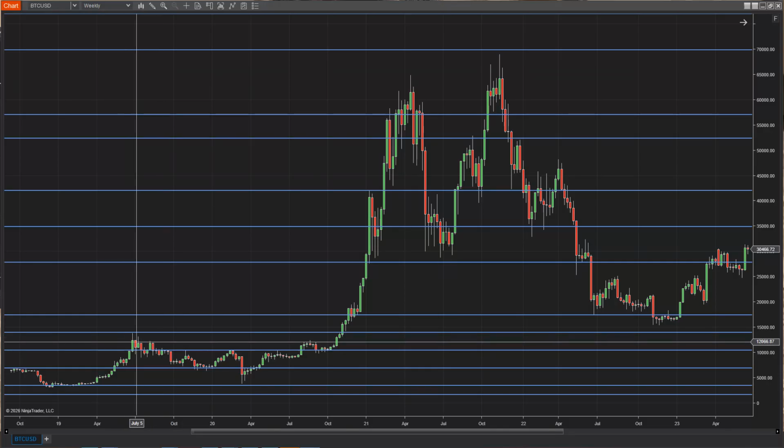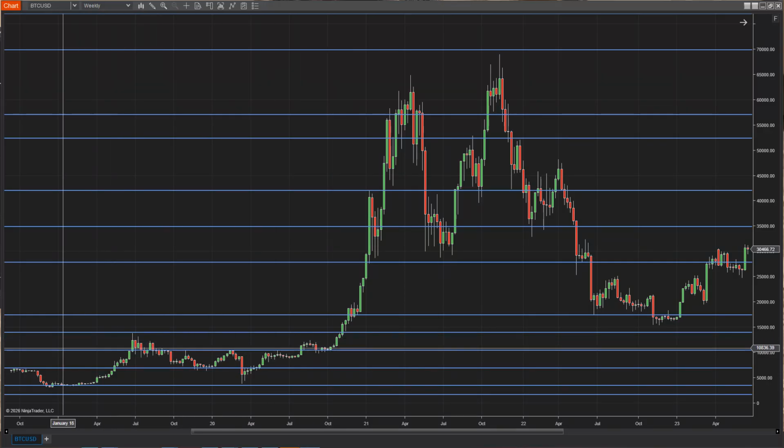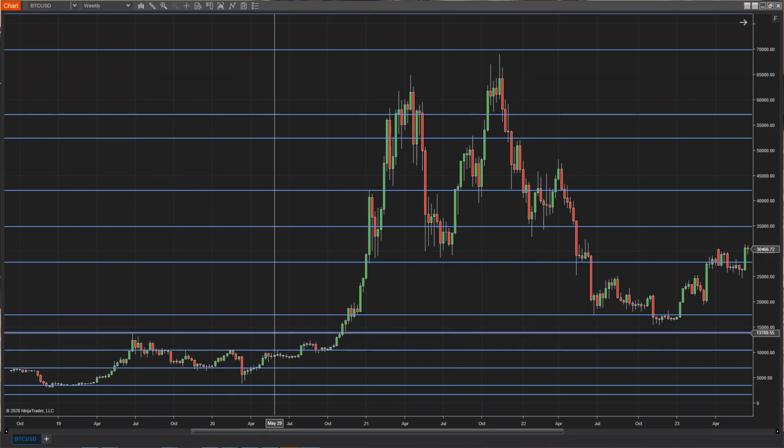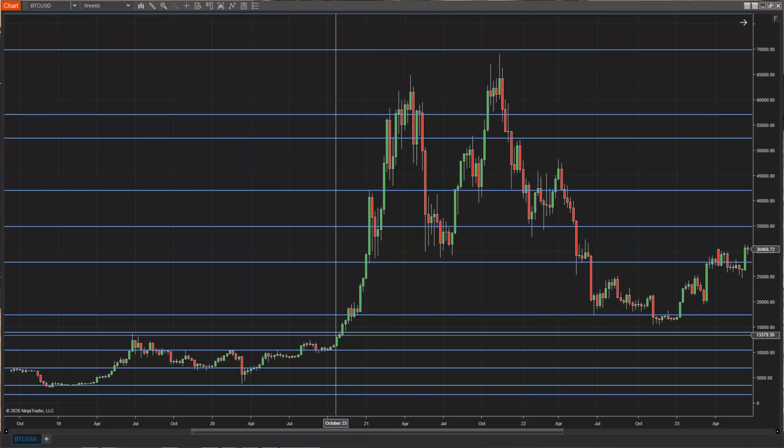So once we got into 2020, after Bitcoin had built this long base, we had the breakout here of that 14,000 level, and we were in a big ripping bull market because that was in the bullish part of the Bitcoin 4-year cycle.